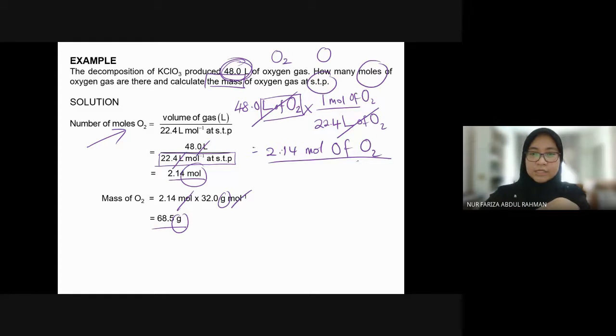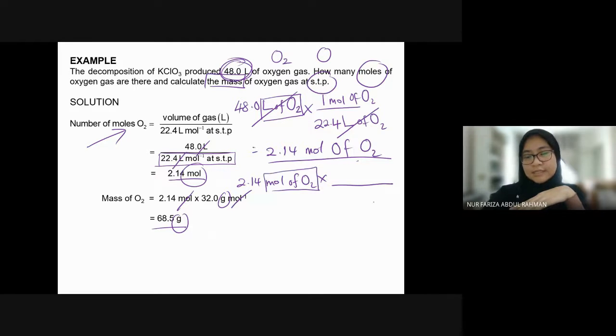Next step will be by using the mole value. We want to calculate the mass. So remember this one should be carried here. Mole O2 at the top needs to go at the bottom.